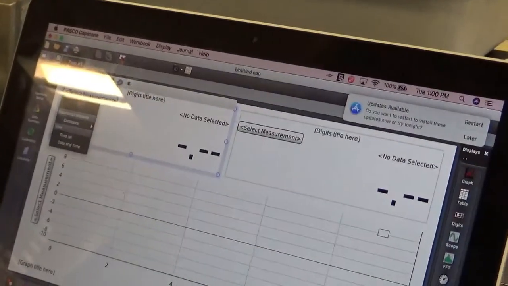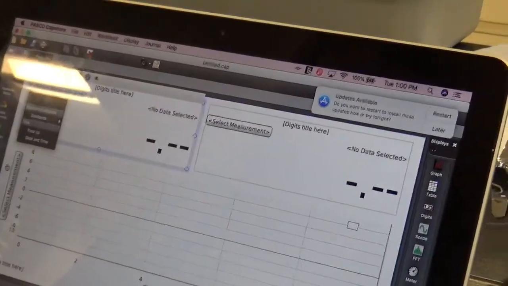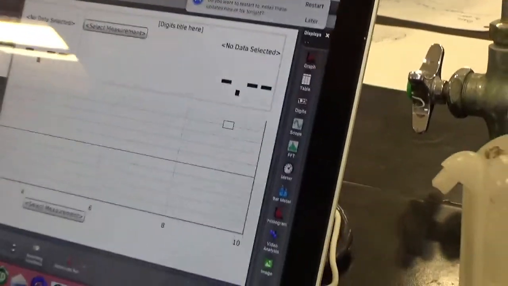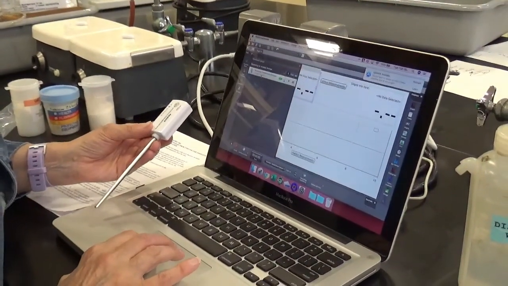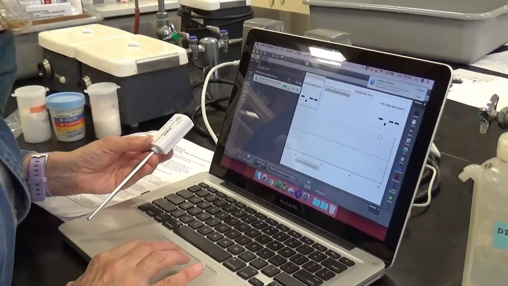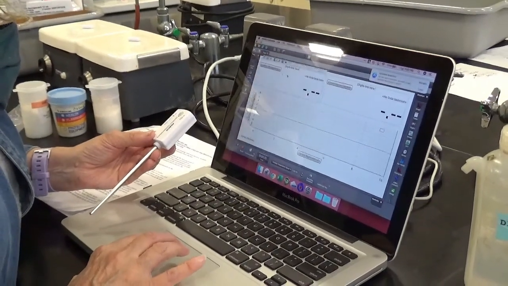And oh, I haven't paired the device yet. I have to go to hardware setup. And I have to turn on my temperature probe, and it recognizes it right away. And I just click on this. Okay. And I think that's all I have to do.